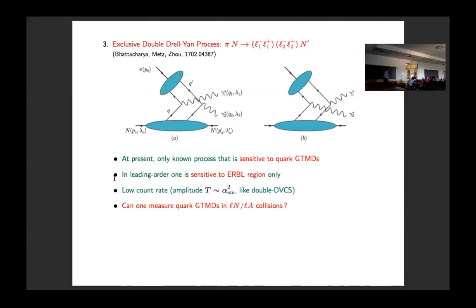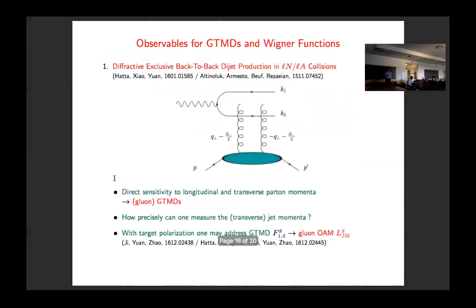My guess is it's going to be experimentally very, very difficult, even for a long time. You essentially have to measure K perp and B at the same time. You're trying to measure K perp and B from the final state proton, and then you want to measure K perp from the jets.